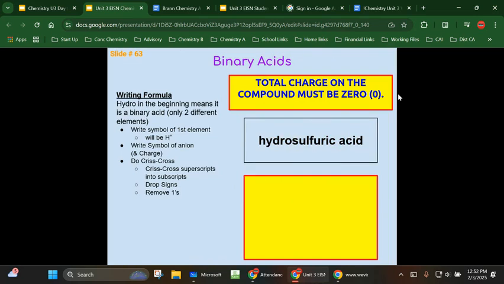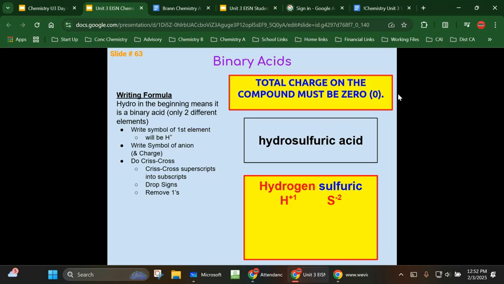Hydrosulfuric acid. Hydro means binary. Means there's hydrogen in it. Sulfuric means what? Sulfur. Hydrogen and sulfur put together. What's the charge on sulfur? H plus 1 with an S minus 2.